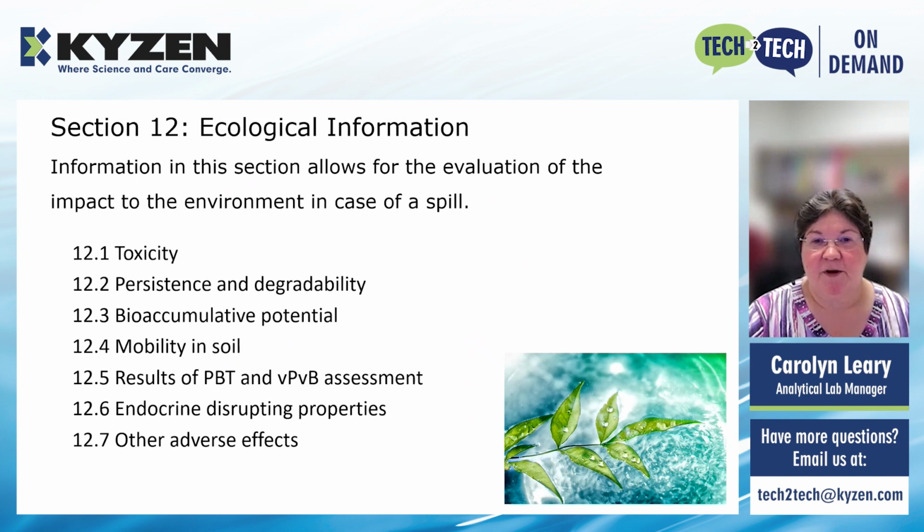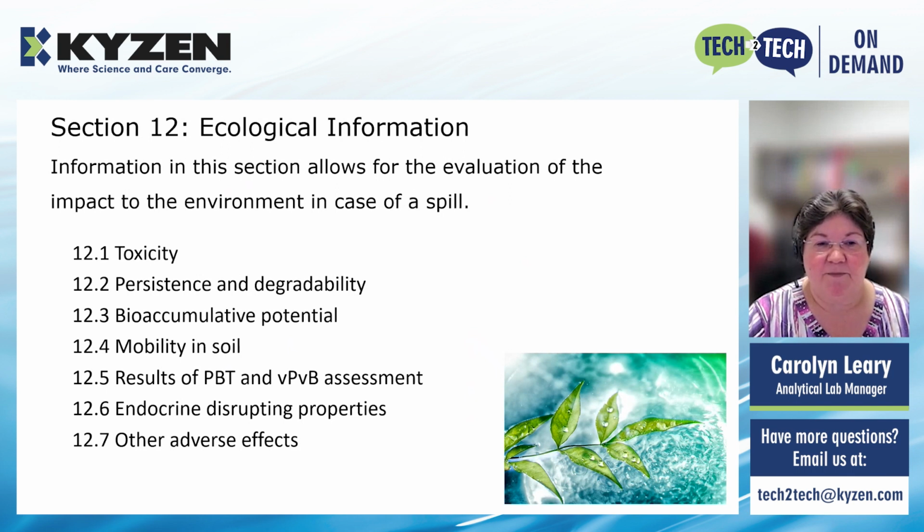Section 12 talks about ecological information and helps evaluate the impact to the environment in case of a spill. This section provides toxicity information for specific organisms, such as algae or fish, and talks about its persistence and its degradability in the environment.